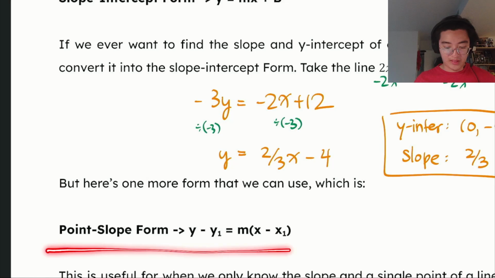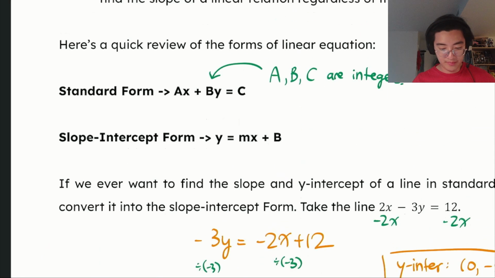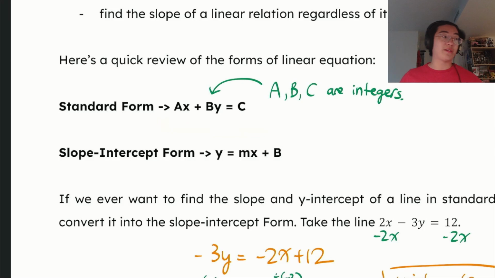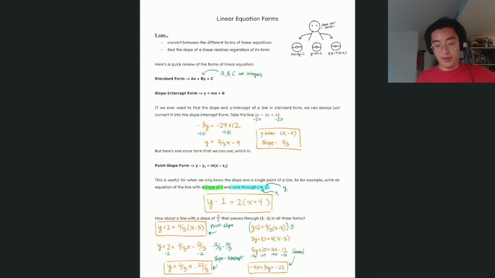Point slope form is useful if we have a slope and a point that's not the y-intercept. And standard form, ax plus by equals c, is useful when we want to find the x and y-intercepts. We just replace the x value with 0 and the y value with 0 to quickly find the x and y-intercepts. So all those forms do different things, and they're very useful when we convert them back and forth. With that being said, good luck practicing.